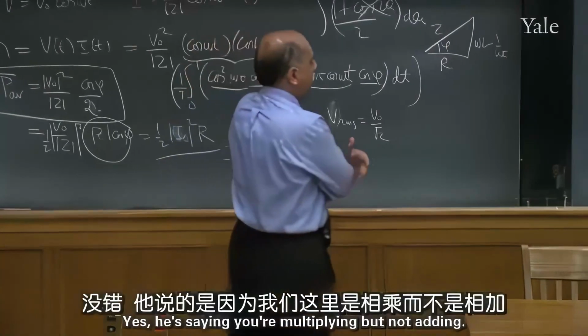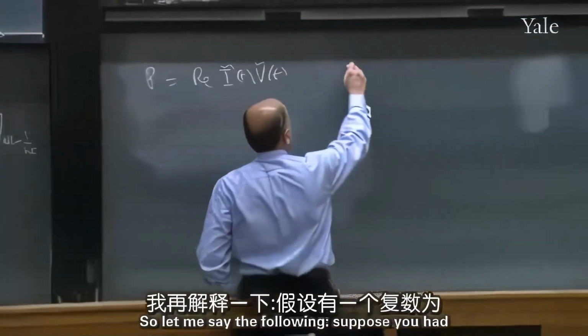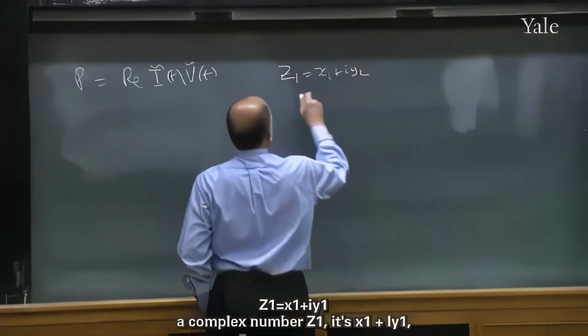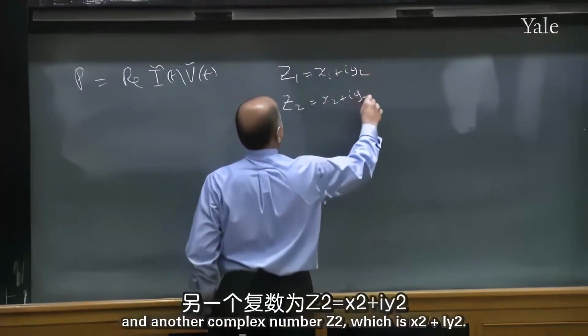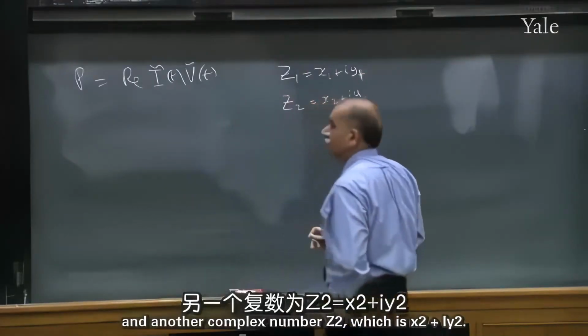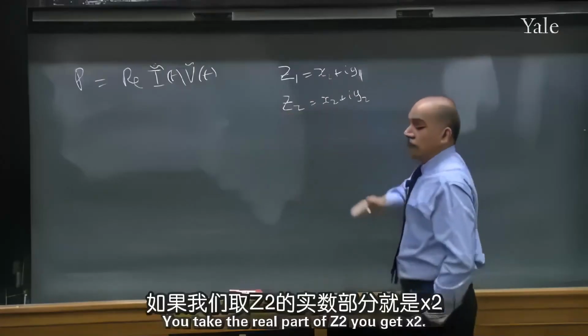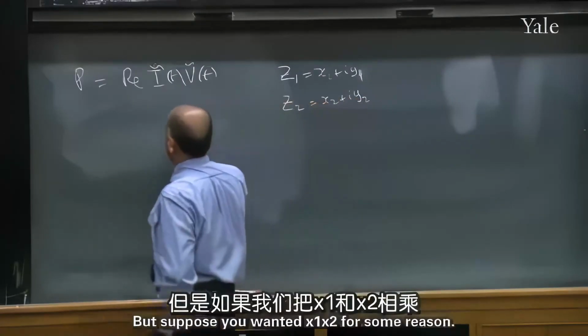Yes, he's saying you're multiplying but not adding. So let me say the following. Suppose you had a complex number z1, which is x1 plus i y1, and another complex number z2, which is x2 plus i y2. If you take the real part of z1, you get x1. If you take the real part of z2, you get x2. But suppose you wanted x1 x2 for some reason.